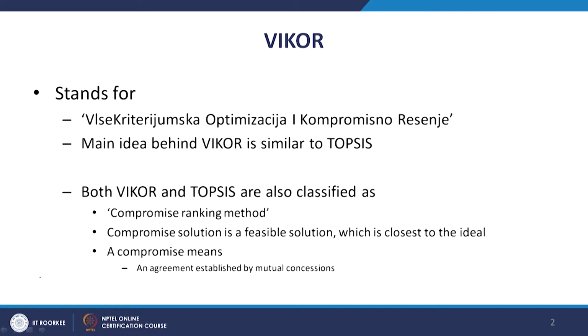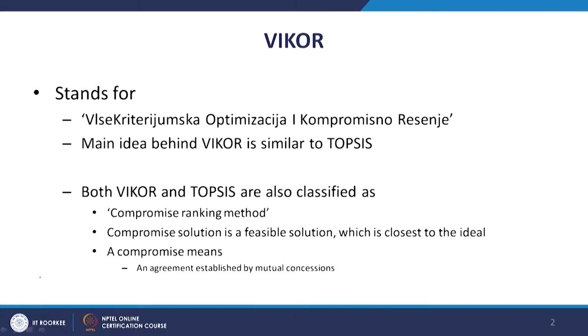So, what do we mean by this? A compromise solution is a feasible solution which is closest to the ideal. Just like in TOPSIS we were looking for a solution having the shortest distance from the ideal point and farthest from the anti-ideal point, similarly in VIKOR we are looking for a solution which is closest to the ideal point.